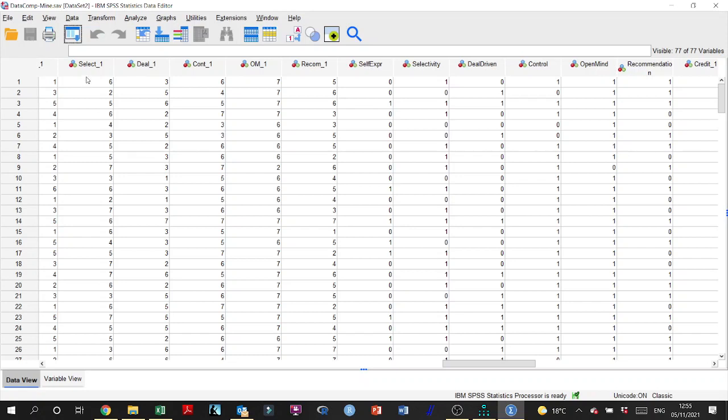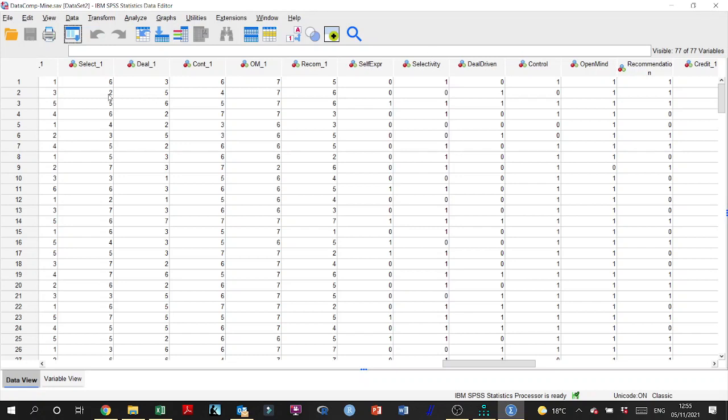Now, for selectivity, we also created another variable here as a dummy in dichotomous form, which is 1 and 0. Whenever the score is greater than or equal to 5, it is coded as 1.